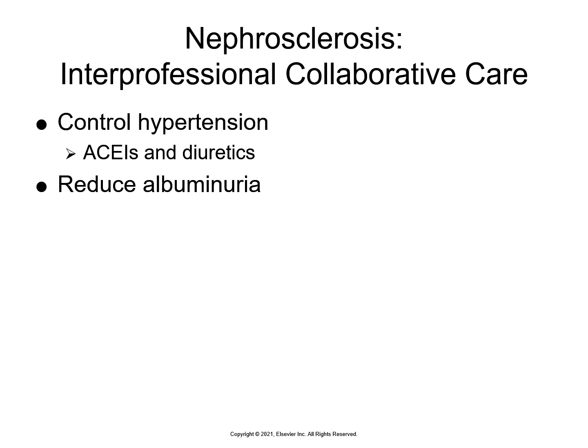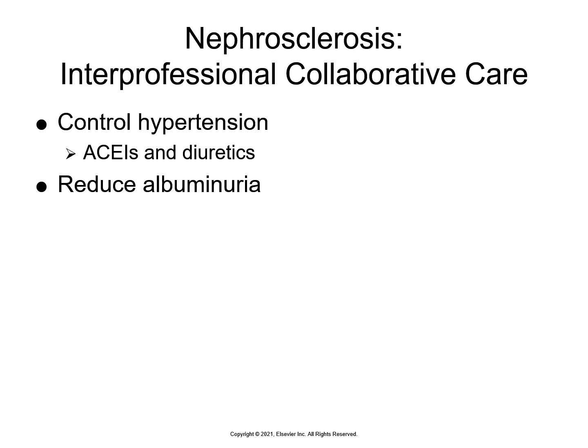How are we going to take care of these patients who have these problems? We must control their hypertension. And again, ACE inhibitors are hugely important in the control of the hypertension. And of course, diuretics.